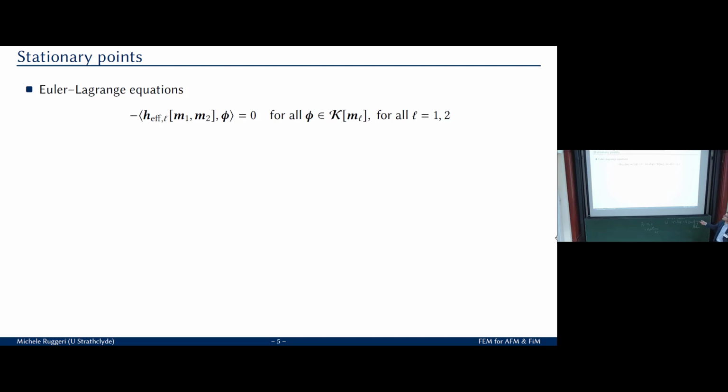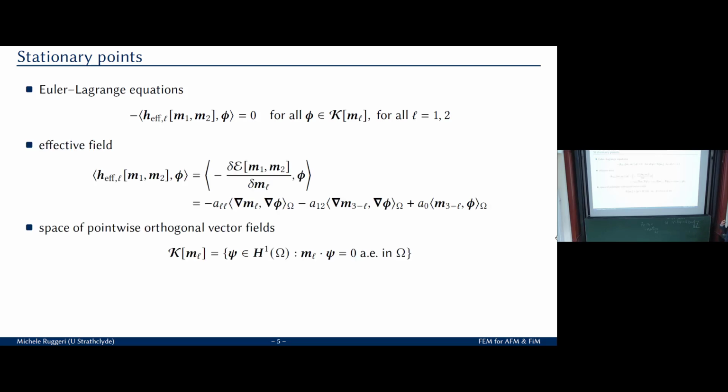The two ingredients appearing here are the effective field that you usually have in micromagnetism, but now for the L effective field you have to take the Gateau derivative with respect to the ML field. In particular, you will notice immediately that besides the standard exchange term, for the two coupling terms you will have the other field appearing in the effective field. So this will be a coupled system of equations.